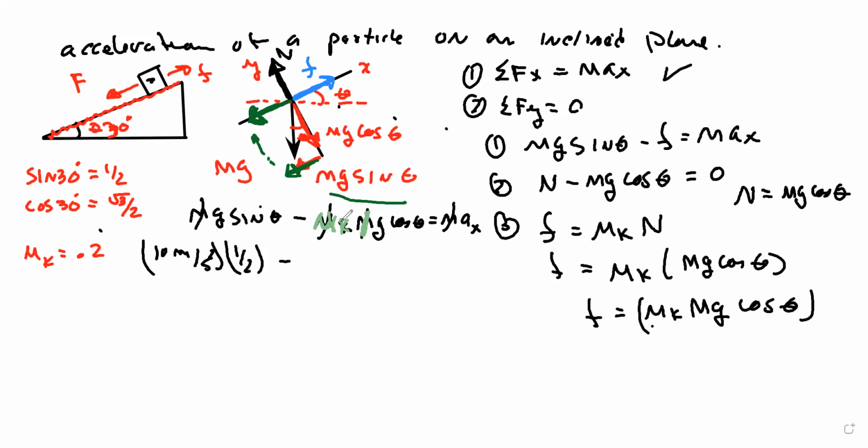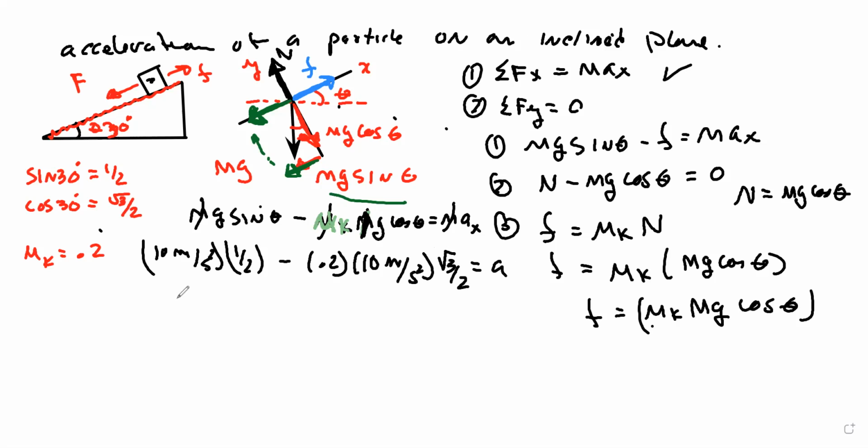So the mu k is going to be 0.2. We are not canceling the mu k. We're canceling the mass right here. So this is going to be 10 meters over second squared, and the cosine of 30 degrees is going to be square root of 3 divided by 2, and that's equal to the acceleration.